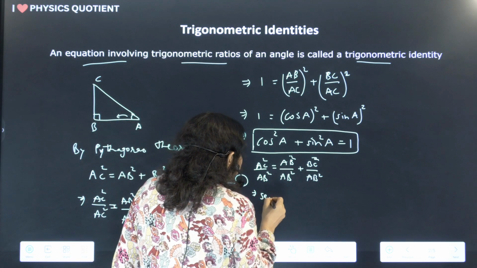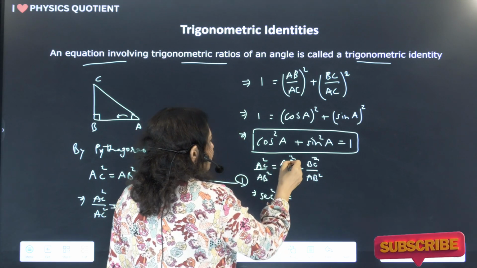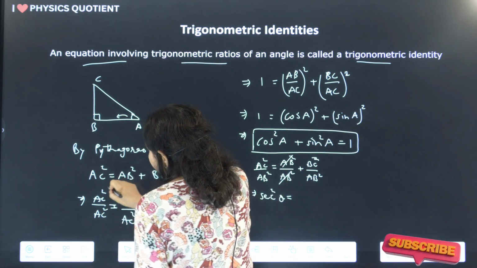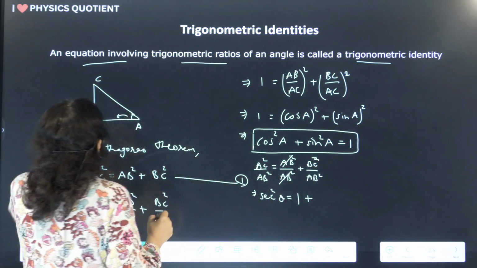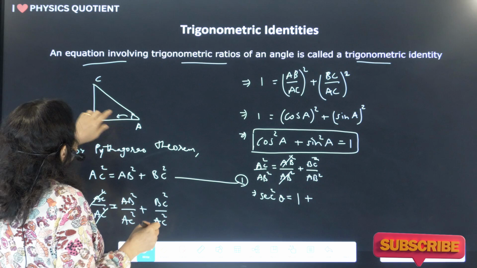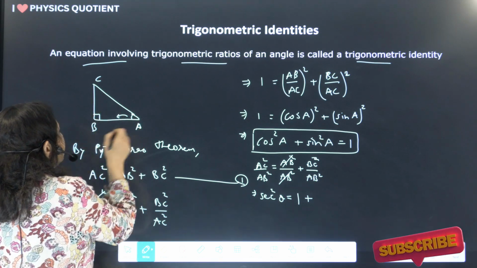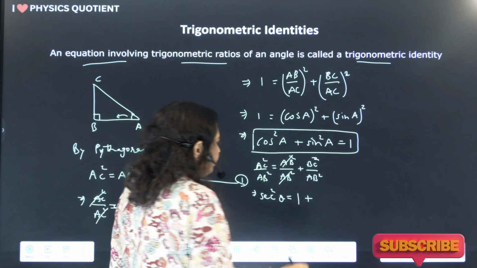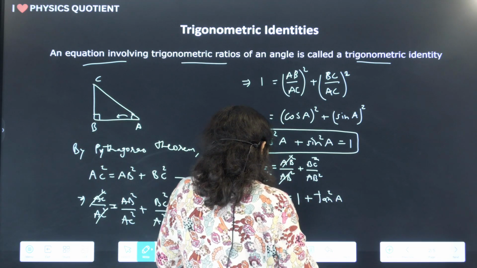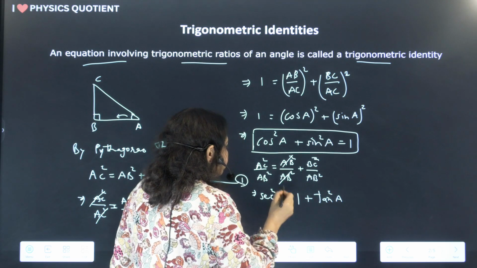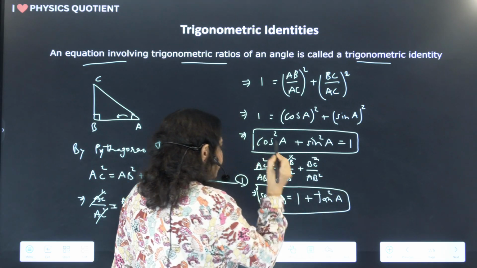So this is sec square theta equal to AB upon AB, this will be 1 plus BC upon AB. Opposite side of angle A is BC and adjacent side is AB, so it is tan square A. So sec square A equals 1 plus tan square A, right? This is another identity you have to remember.